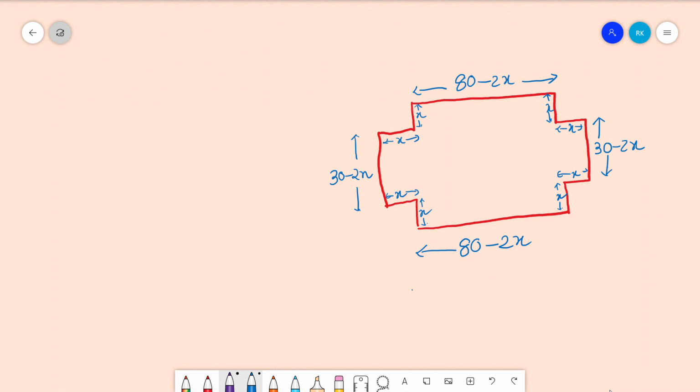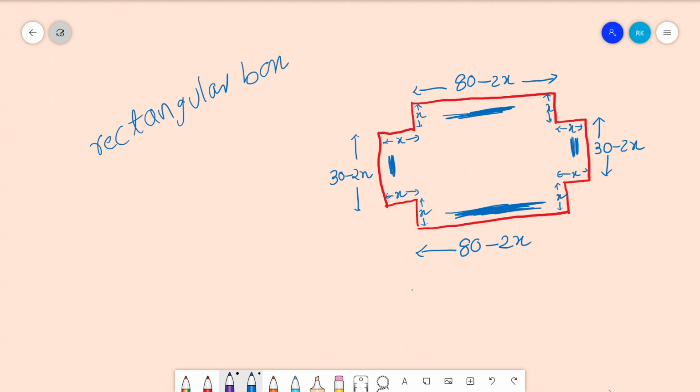It means these sides are turned up. If you further read the question, after turning the sides up, a rectangular box is formed.